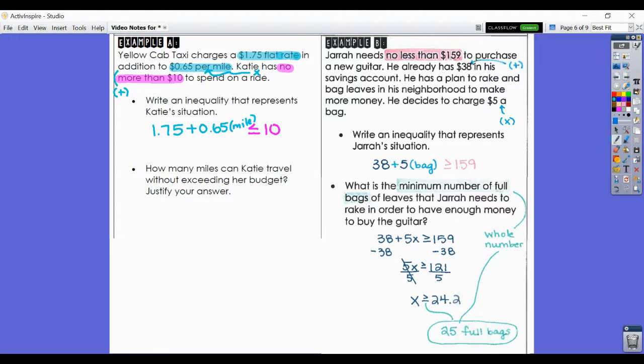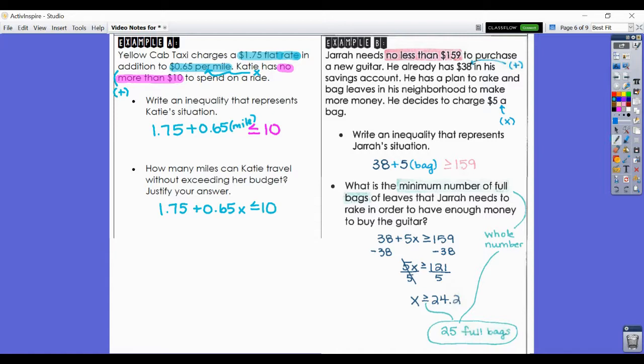So 65 cents each mile. So 1 mile would be 65 cents and 2 miles it would accumulate as well. So let's trade out the mile for x because that's usually the variable we like to use here. That's usually what we're solving for all the time. And that's exactly what we're going to solve for here.